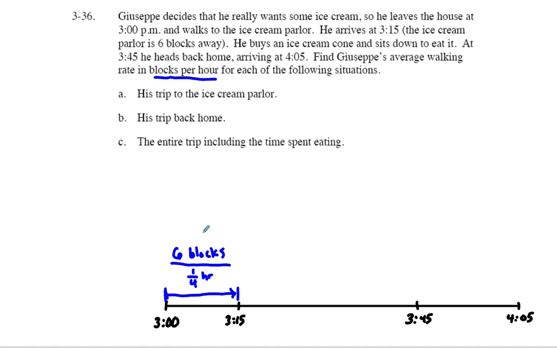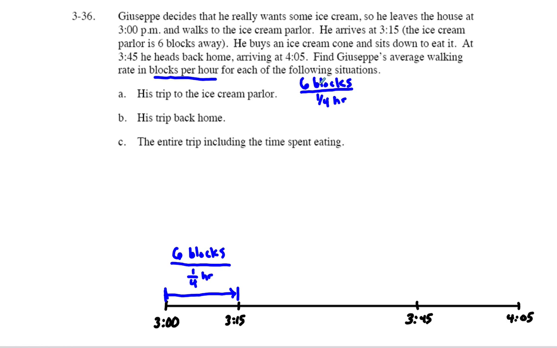So if we wanted to see his rate in blocks per hour from home to the parlor, we're thinking about 6 blocks in 1/4 hour. Now we want to know for 1 whole hour, right?